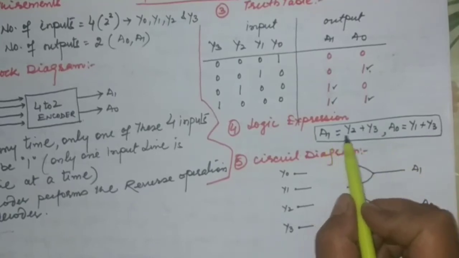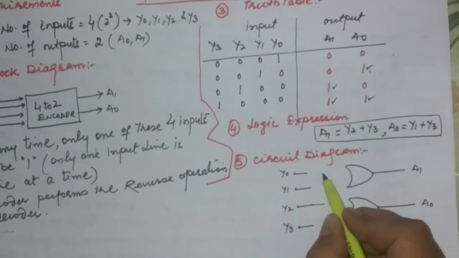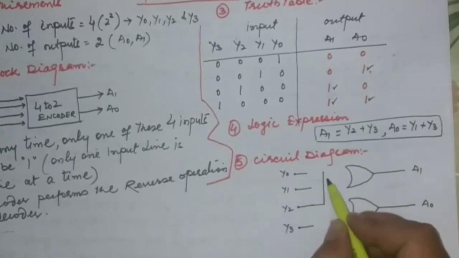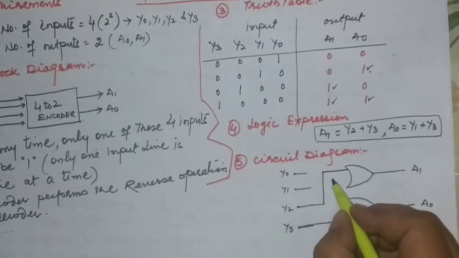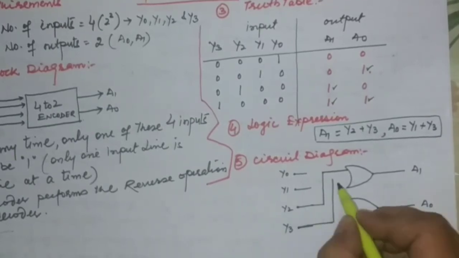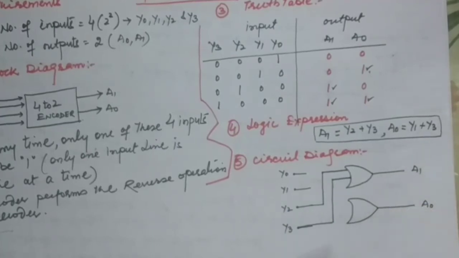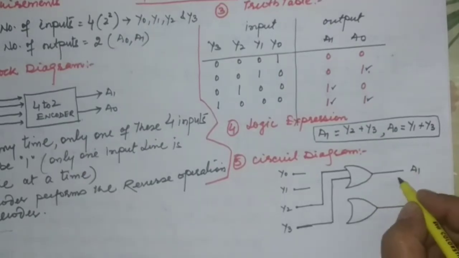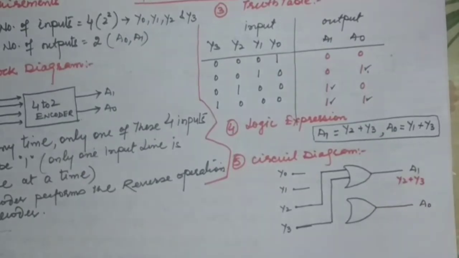For A1, y2 plus y3, so 2 inputs go to this gate, and the output comes out as y2 plus y3, which is A1.